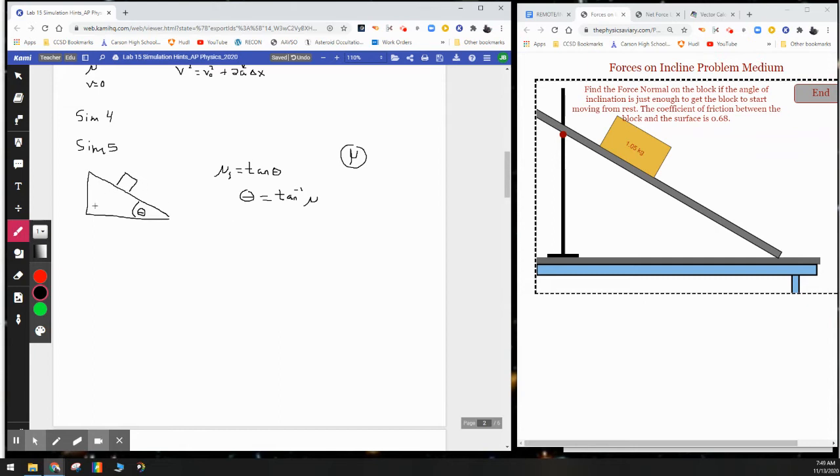So what is the normal force? Let me go ahead and use a different color here. This is the normal force, and we have mg, the force of gravity. Let's use green.